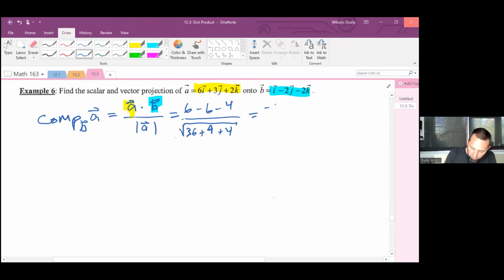So here we have negative 4 over 7. So this is the component of A in the direction of B. Maybe you could think about it as the length of the shadow.